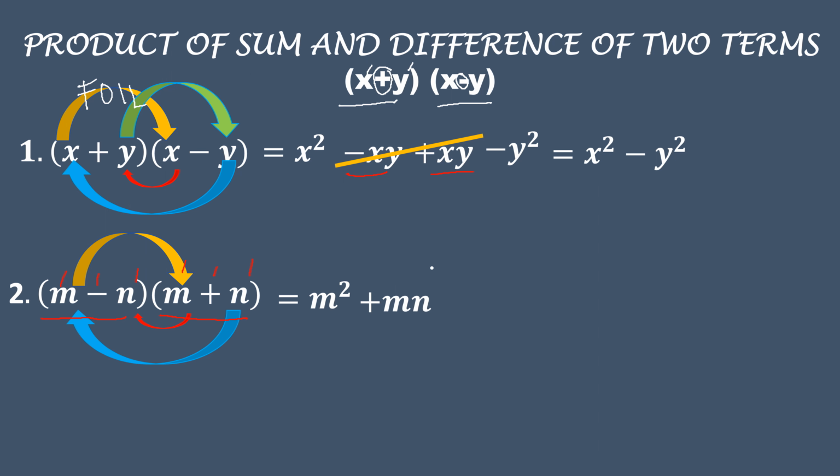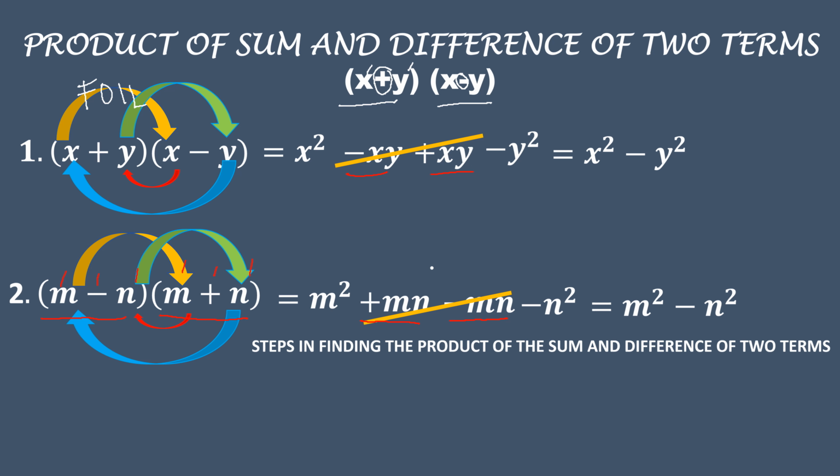The two inner terms, the negative n and m, can be written as negative mn. And the two last terms are negative n times positive n, that will give us a negative n squared. Then we have positive mn and negative mn. In this case, we can combine them and it will give us 0. So again, the remaining terms, or our product, is m squared minus n squared.